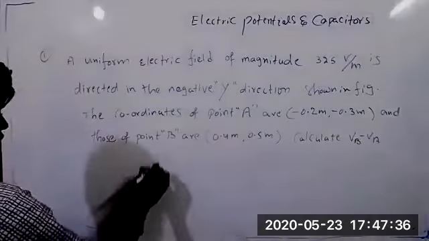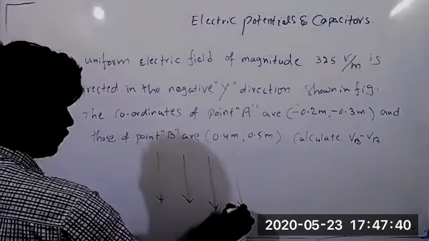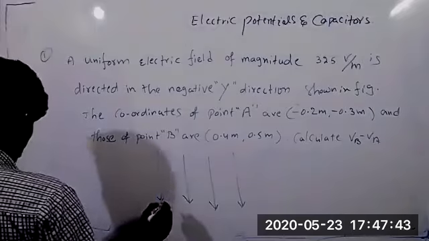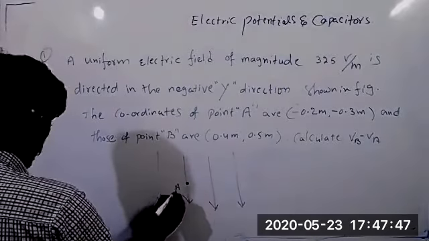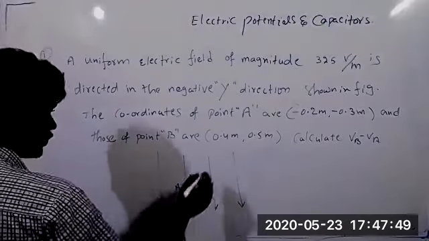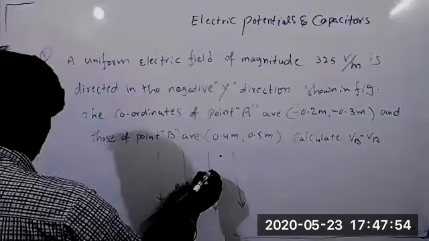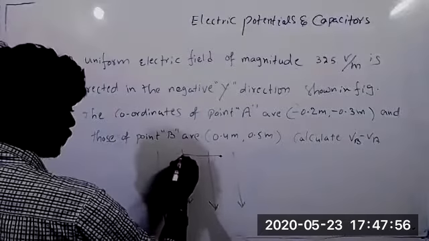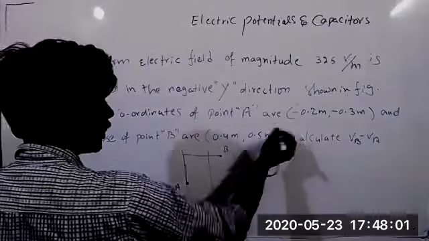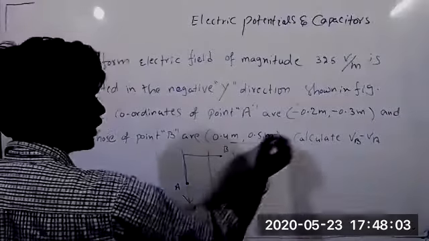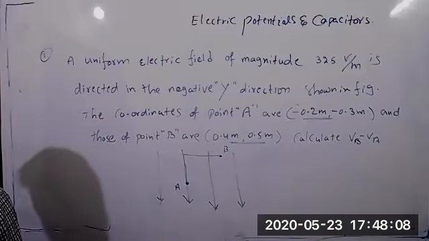So the diagram they have given: point A, point B. You know, these are the points at point B, and these are the points at point A. Calculate VA minus VB.